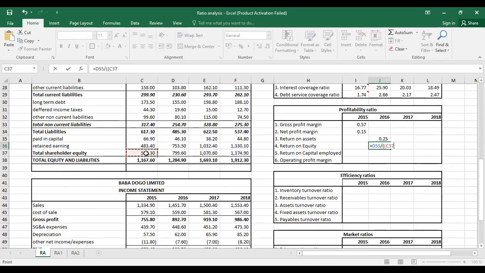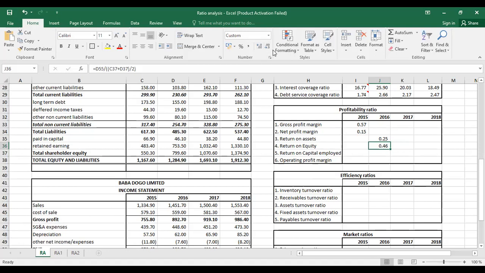So the equity in the previous year plus the current, you close your bracket, divide by 2, then you close the second bracket. Enter then at 2 decimal places. Then we have return on capital employed.